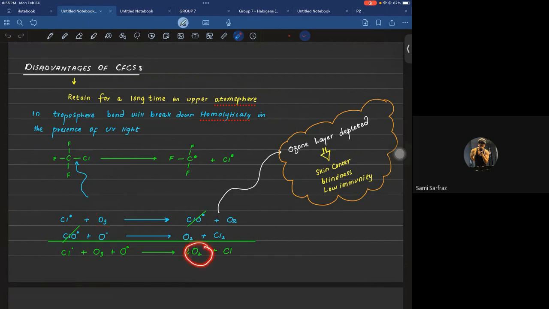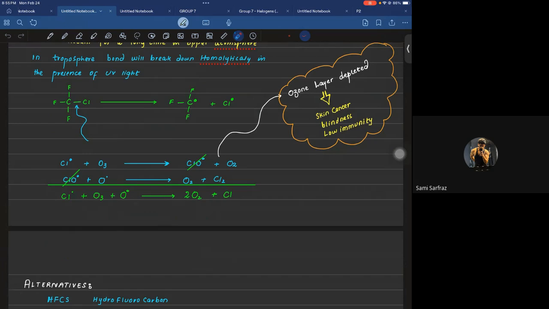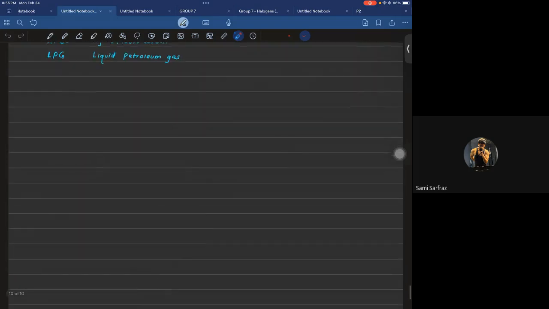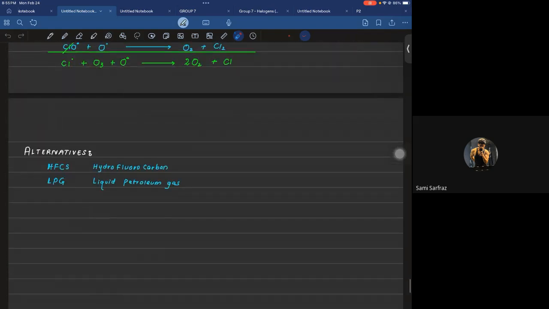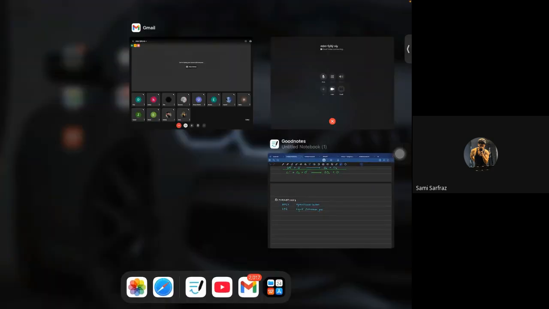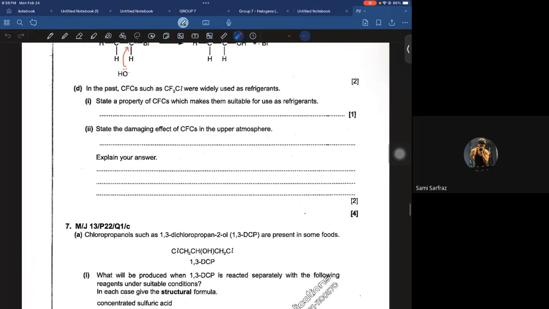Finally it gives you oxygen gas, so your ozone has been broken down into oxygen. And the advantage, the alternatives obviously are HFCs, LPGs, and so on. They are asking the same thing, that damaging effect, and then explain your answer. Ultimately you would be writing down the equations, that's it.